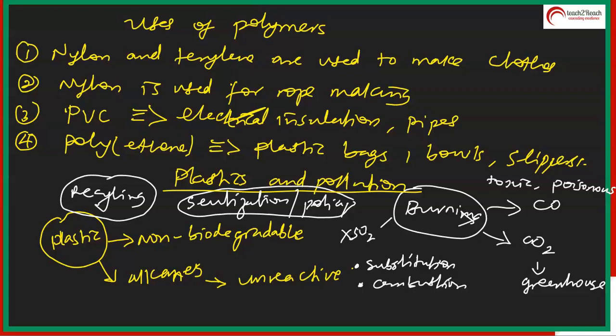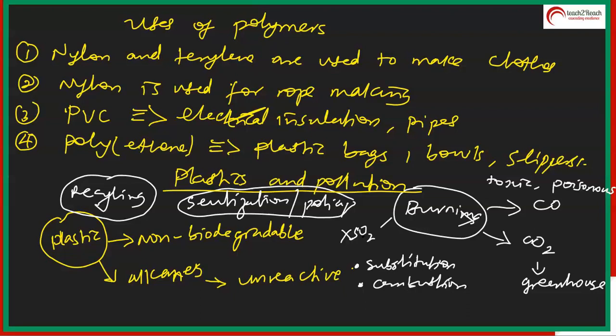So those misconceptions should not come up if you are answering a question on polymers and pollution. The only time sulfur dioxide can come in is if you are burning petroleum products, and that petrol contains sulfur impurity. Plastics do not contain sulfur.